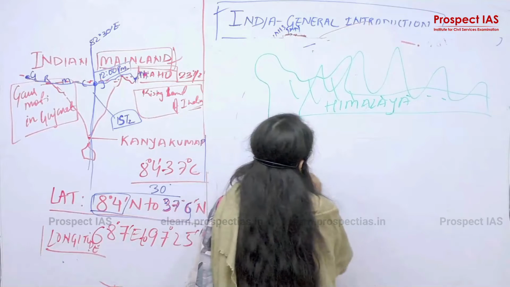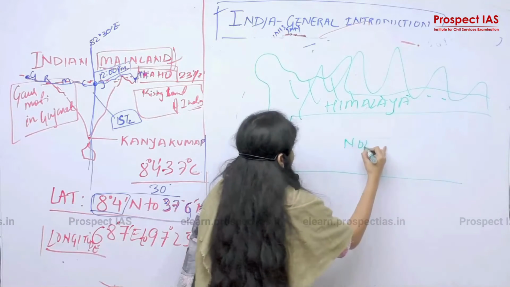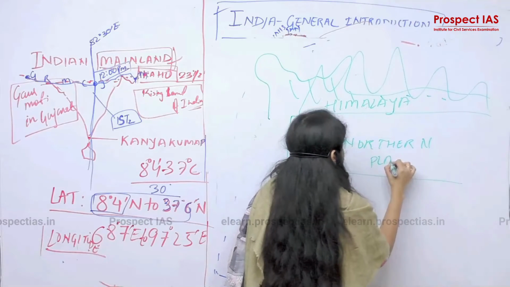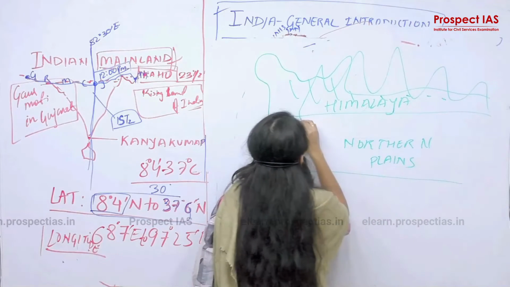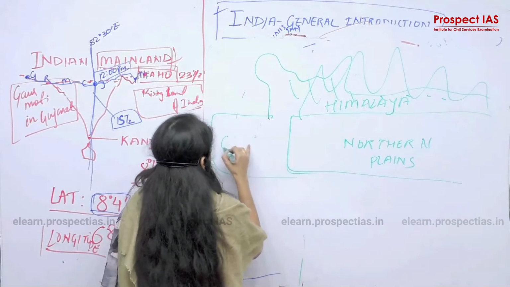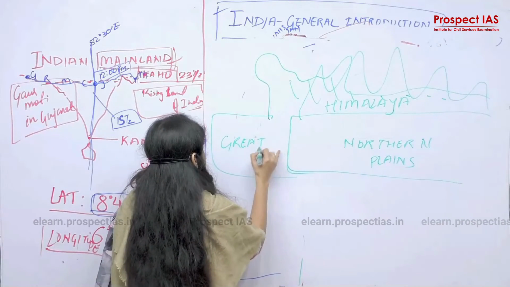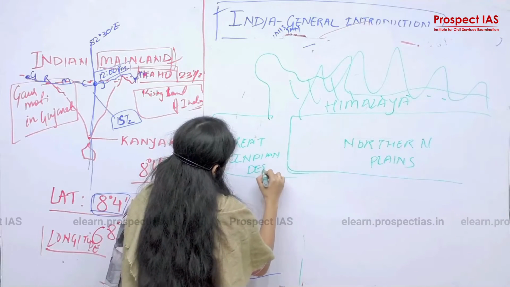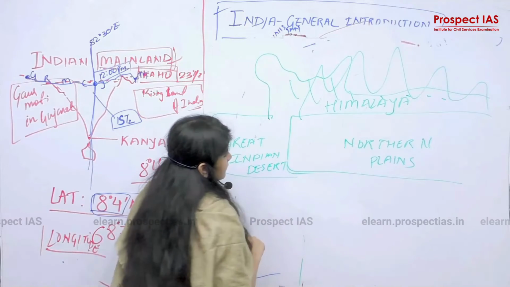Then you have your northern plains. All right. Then you have your great Indian desert. All right.